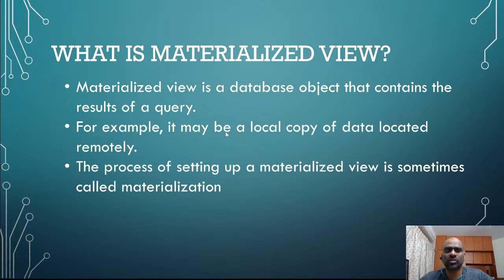Okay, fine. So a materialized view is a database object that contains results. What is a view? A view is nothing but a projection of your columns, right? Instead of putting joins across multiple tables and then pushing it as one data, you write a select, and then you write a view on top of it. You will be selecting say 10 columns out of say 4 or 5 tables which are joined together.